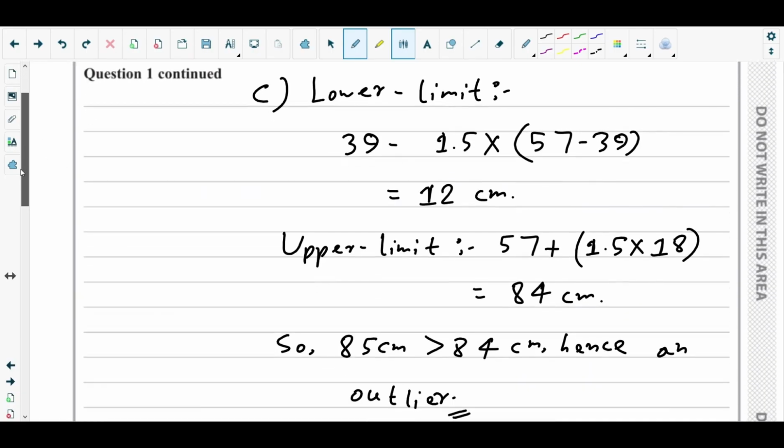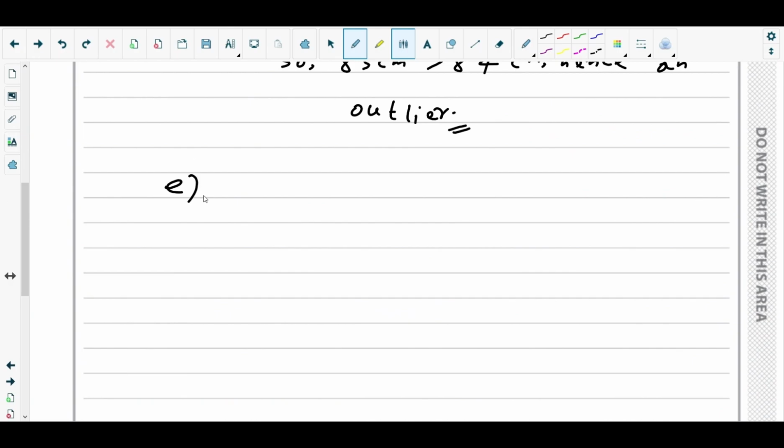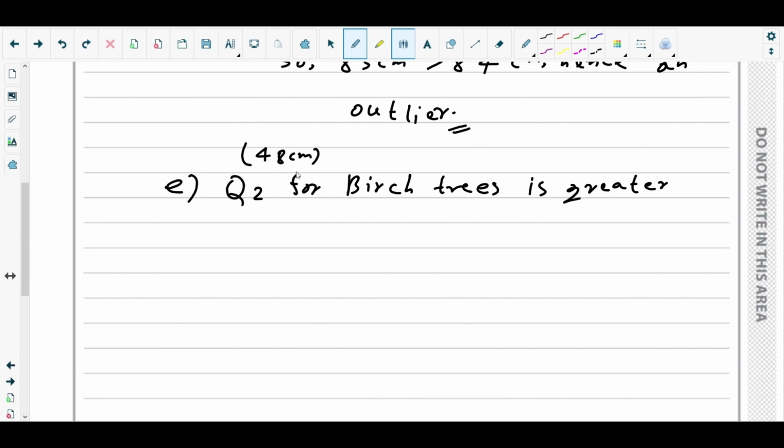So what we can write for part E is: Q2 for birch trees, which is 48 centimeter, is greater than Q2 for maple trees, that was 45 centimeter, right?